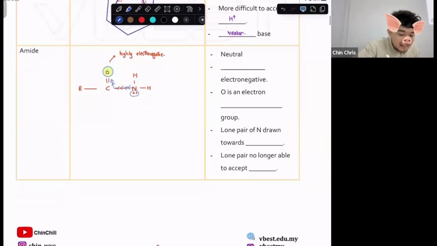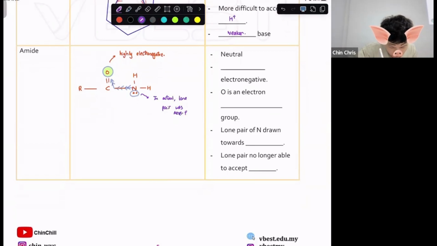So guys, technically, in actual fact, the lone pair is not there. The lone pair was never there because it was drawn all the way to oxygen, no more already. So guys, can a H+ be attracted?